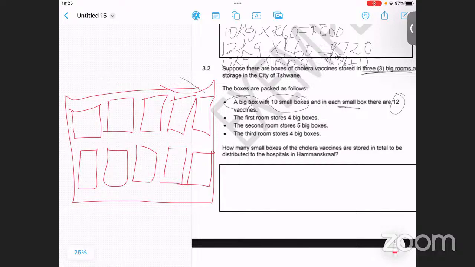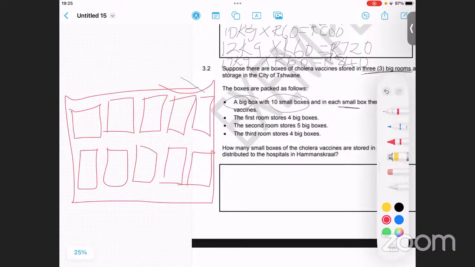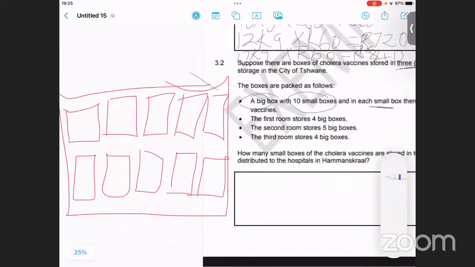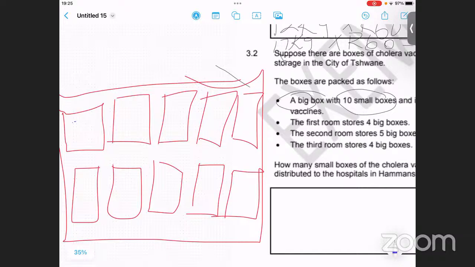Okay, cool. So I'm just going to represent vaccines with what? Let me see a color that I can use that is visible enough. Let's use this one. So these are the vaccines. Is that visible enough? Okay, no. Okay, let's do this. Oh no, this is too big.